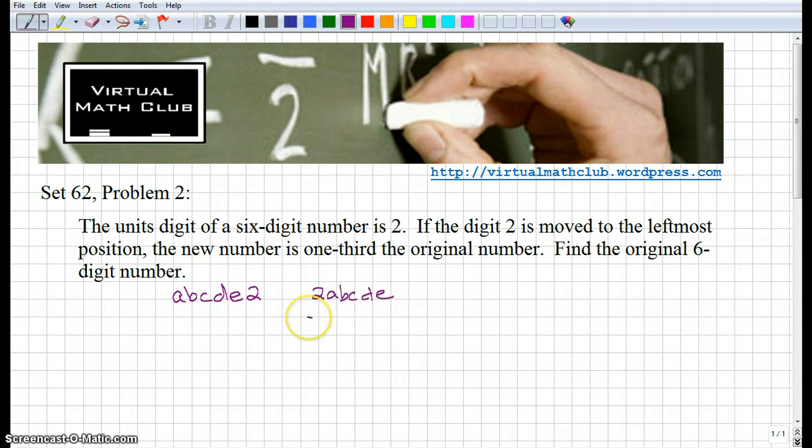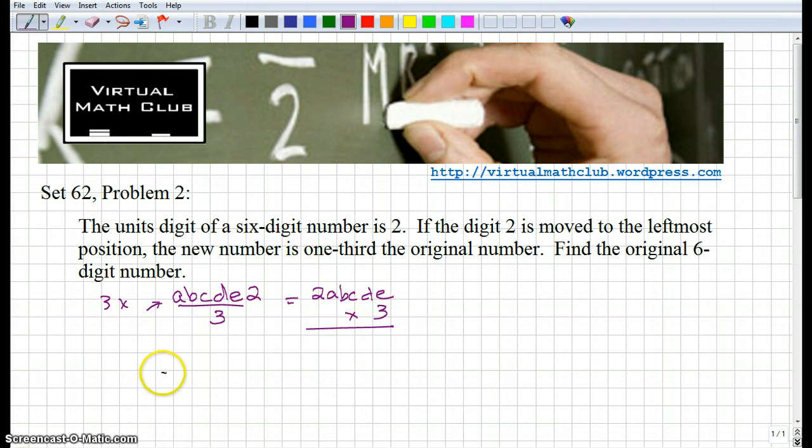And we're told that the new number is 1/3 of the original number, and we're asked to find the original number. Well, this is the original number. If I multiply this by 3, I should get the original number back.